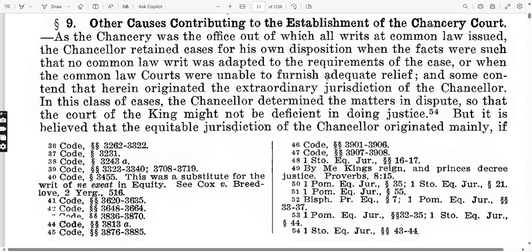And some contend that herein originated the extraordinary jurisdiction of the Chancellor. In this class of cases, the Chancellor determined the matters in dispute so that the court of the king might not be deficient in doing justice.